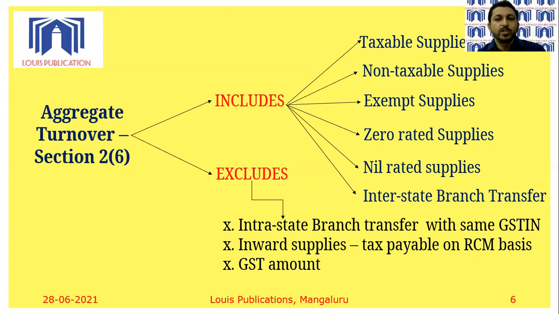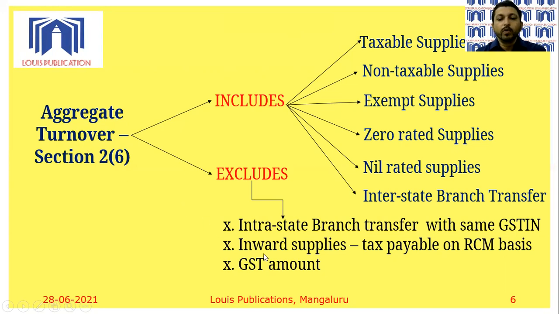As we have learned, under GSTIN business verticals, a businessman can have multiple businesses. Now, if the goods are transferred under one GSTIN, then that number will be excluded from the concept of aggregate turnover. So intra-state branch transfer with the same GSTIN is excluded from aggregate turnover.